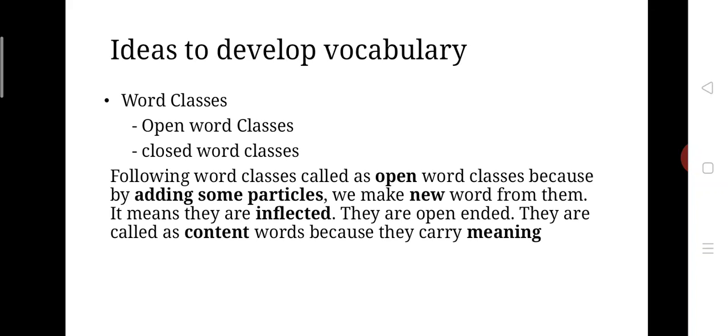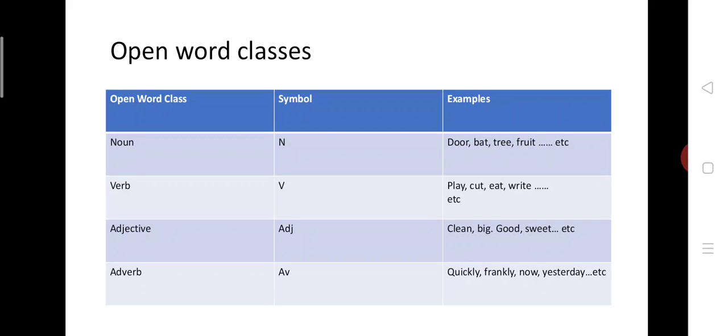If you learn those open word classes, you will come to know how you are going to make a new word from the root word or from another word. See, here is a chart. Open word classes. First, which is the first class? Noun. Symbol is N, and examples: door, bat, tree, fruit, etc. You can add to that particular open word class.